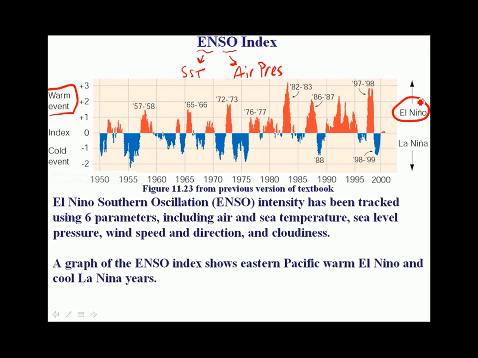So an El Nino is considered a warm event. They take this index and they take the air pressure. Recall the average air pressure is right around 1,013 millibars, or for our class I've just said 1,000 millibars will be fine.